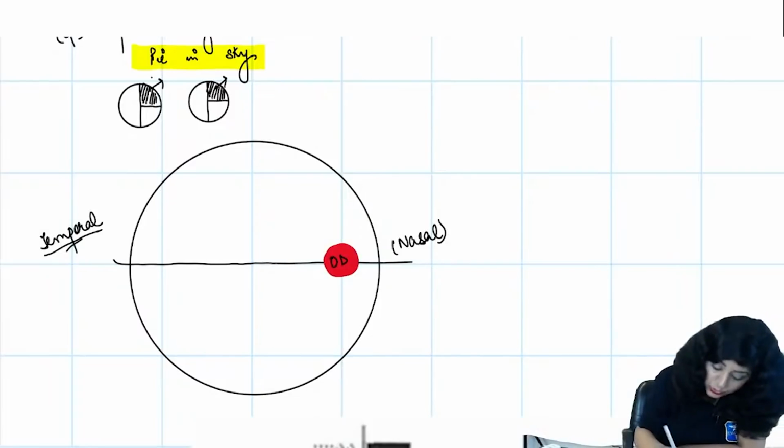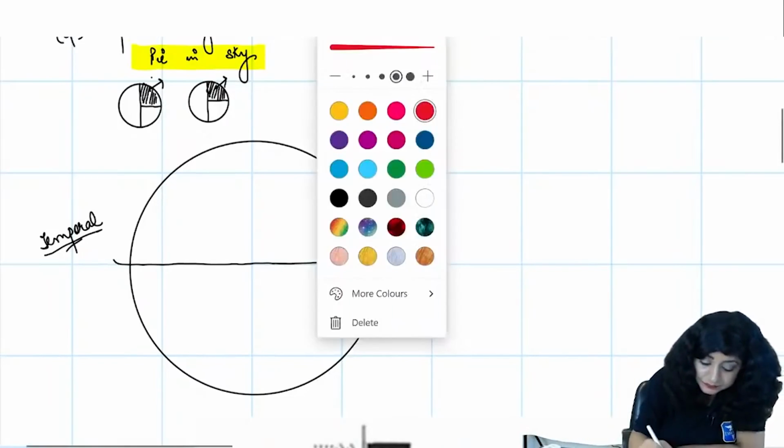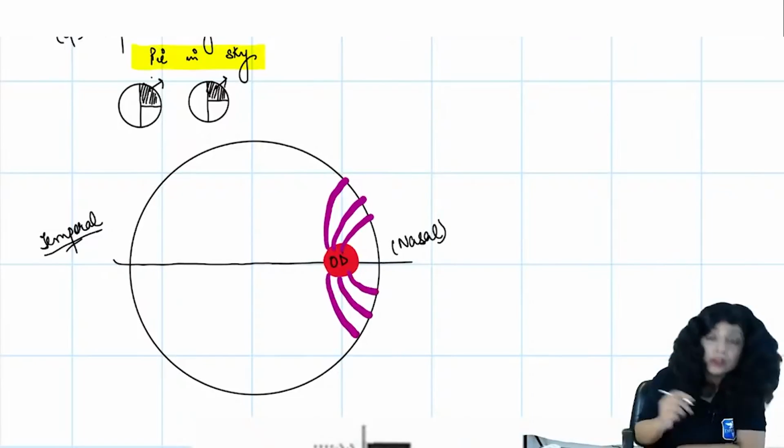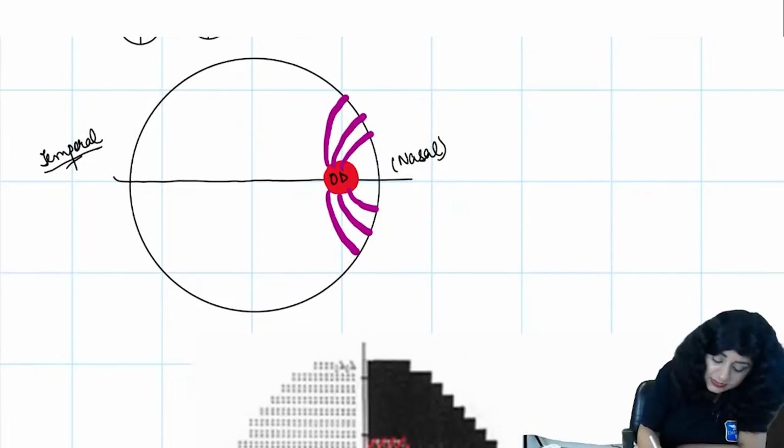On the nasal side, the fibers are radiating fibers. They are radiating like this. These are also radiating like this. So these are called the superior and inferior radiating fibers on the nasal side.